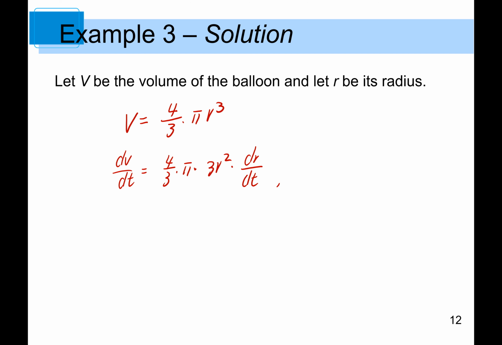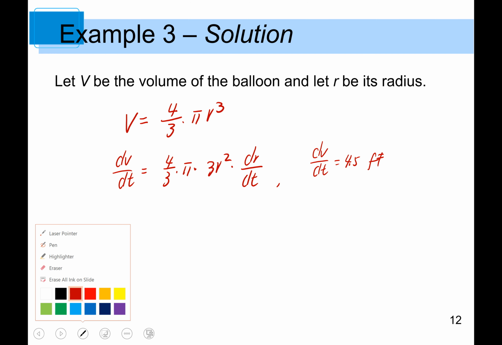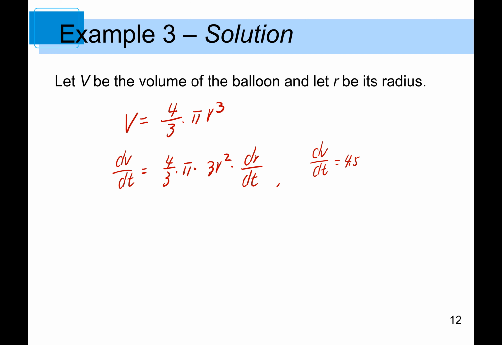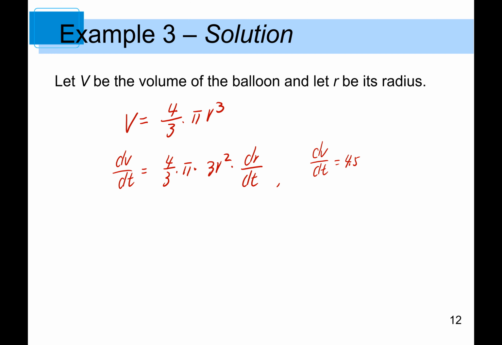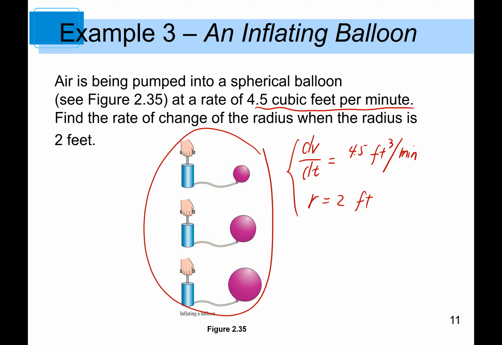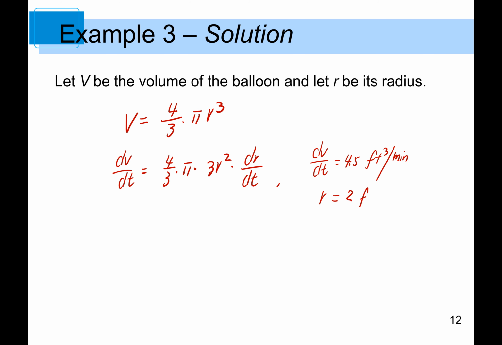Now we know that dV over dt is given, which is 4.5 cubic feet per minute, and the radius r is equal to, from the previous slide, 2 feet.